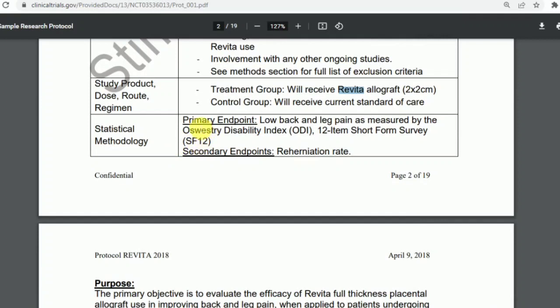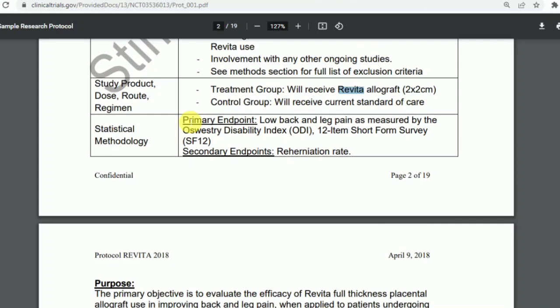Another important parameter in the protocol or in a clinical trial is the endpoint. Do remember that earlier we discussed the objectives, primary objectives or secondary objectives. Some clinical trials may have primary objectives only, or some may have both primary and secondary objectives.